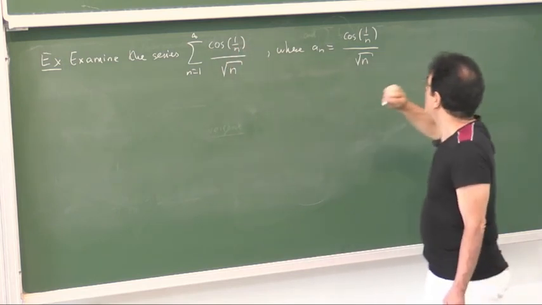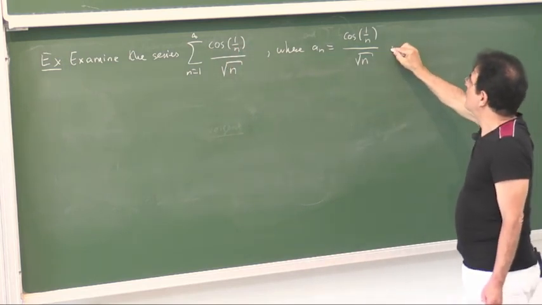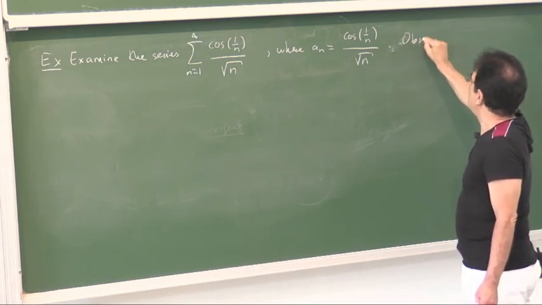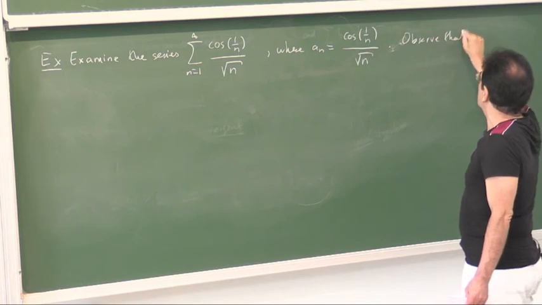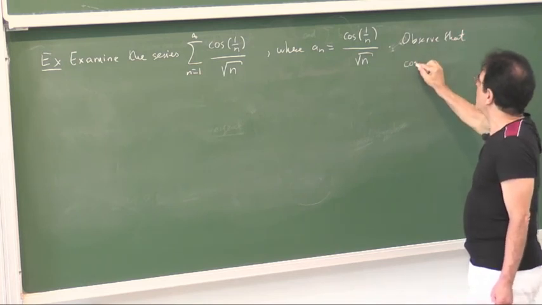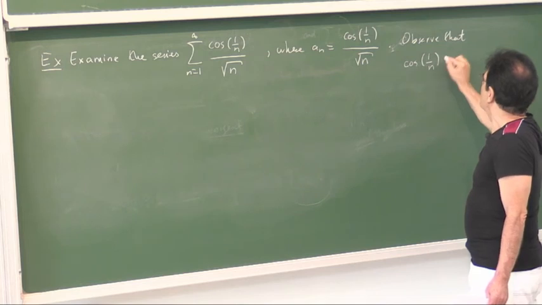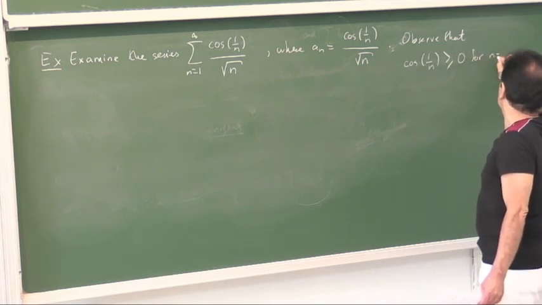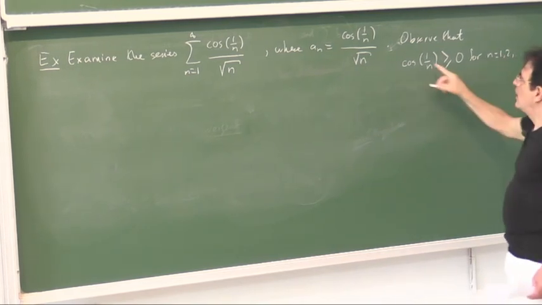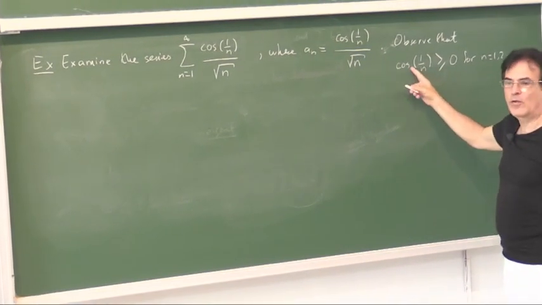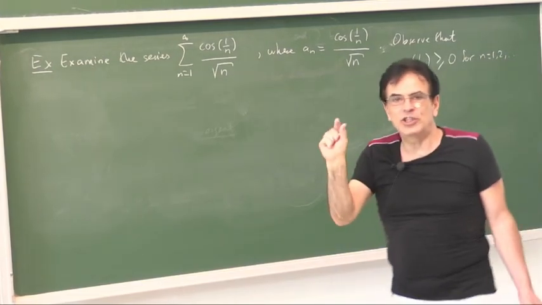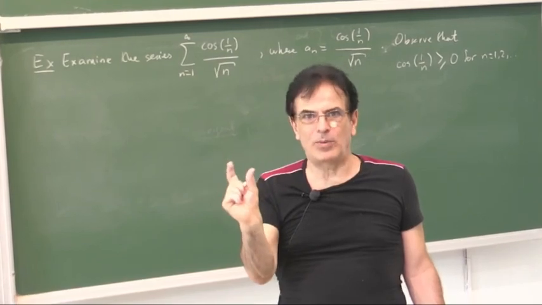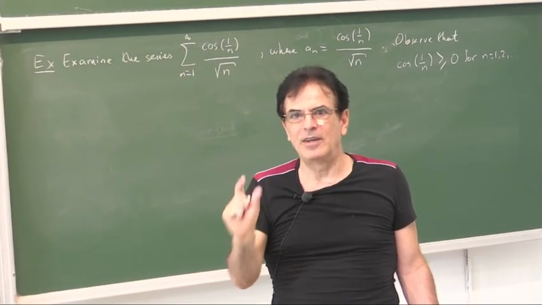Observe that cosine of 1 over n is always positive for n equals 1, 2, and so on. When n is 1, we have cosine 1, an angle smaller than pi over 2, and in the first quadrant cosine has a positive sign.